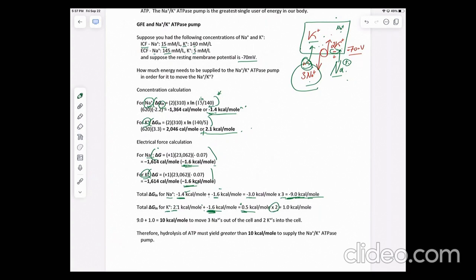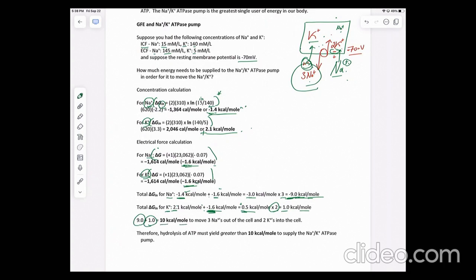So that means then I'm going to need 1 kilocalorie per mole to move 2 potassiums in. Okay? So summing all of this up, in terms of the energy involved, I simply take the 9 plus the 1, and that's going to get me 10 kilocalories per mole.